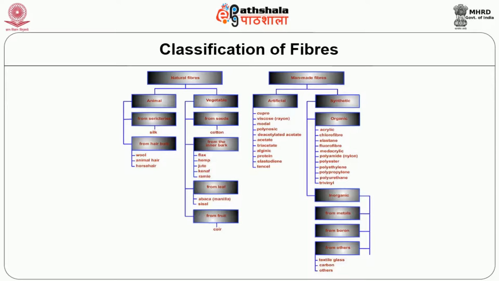The synthetic fibers are classified as organic, which are acrylic, chlorofiber, elastane, fluorofiber, modacrylic, polyamide, polyester, polyethylene, polypropylene, polyvinyl, and these are further classified as inorganic fibers such as from the metals and the boron fibers and other fibers like the textile, glass, carbon, and others.